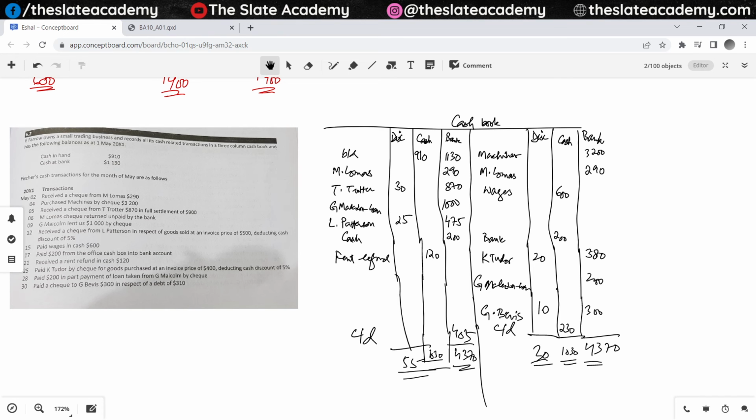Okay, so that tells me the brought down for cash in the next period would be 230. So total will be 230.